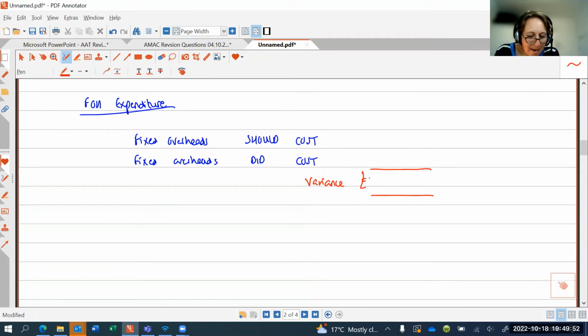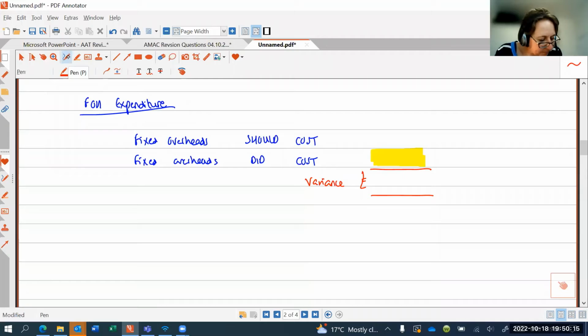I have to go back to the question and think, well, out of these three things, it's like a jigsaw with a missing piece. Two of these pieces I must know, and the other one I've got to find out. Well, the question says the actual fixed overhead incurred were. The incurred means what did you spend? So it's this one that's missing. That's what I'm aiming for. That must mean I've got the other two.